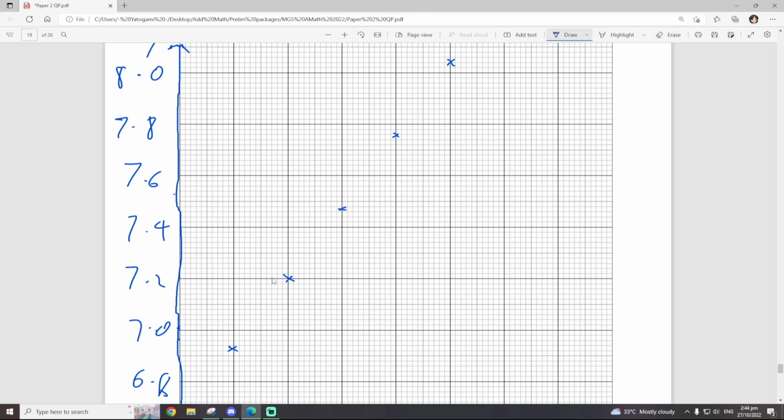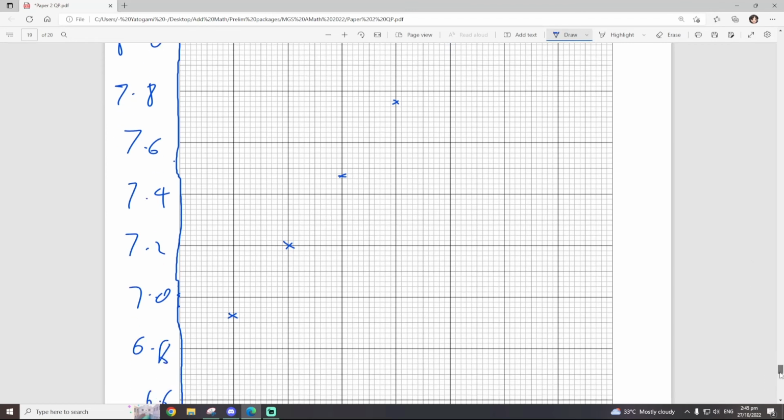Okay, what does this line gradient look like? I will probably get a picture of this. Maybe I don't need to. I'll just do it one at a time.